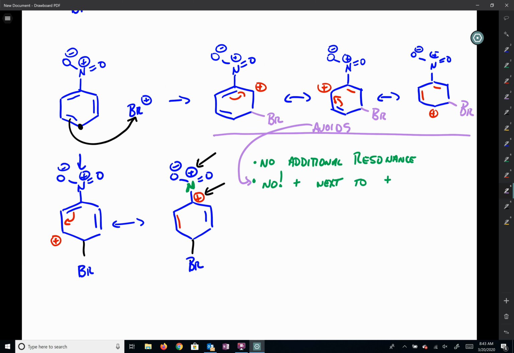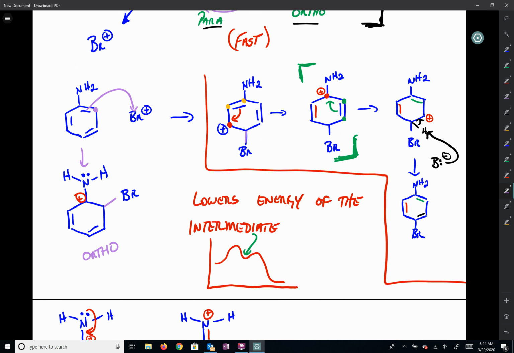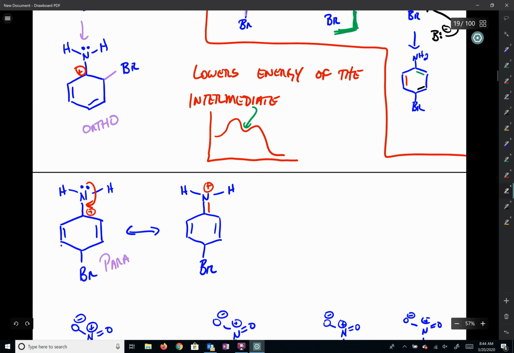What I just said to you guys was that the bromine chooses to go to the meta position because it knows that it can avoid having these bad intermediates, or that it chooses to add to the ortho or para position because it knows that it can make an additional resonance structure to stabilize it.